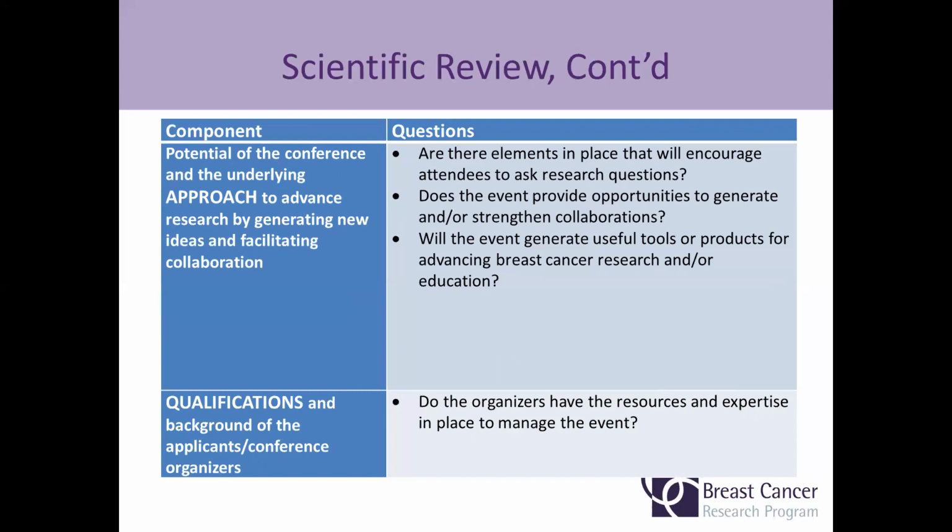Does the event provide opportunities to generate and or strengthen collaboration? Will the event generate useful tools or products for advancing breast cancer research or education? And also, how integrated are these into the goals that you set for the event?